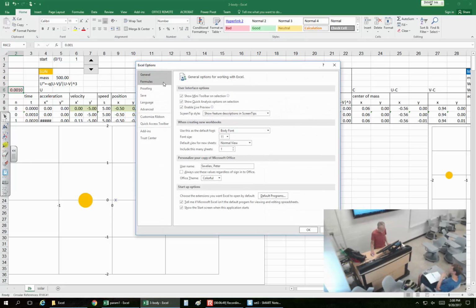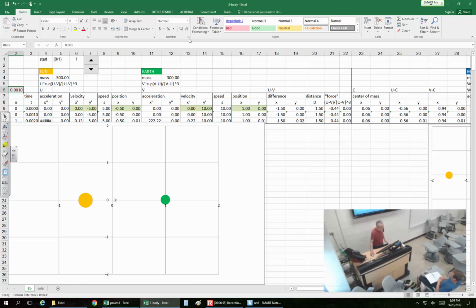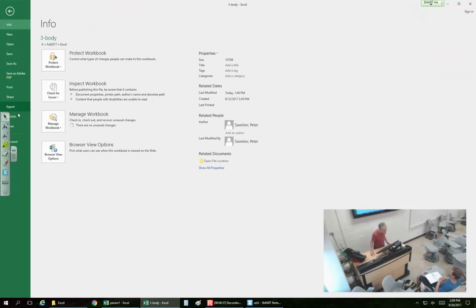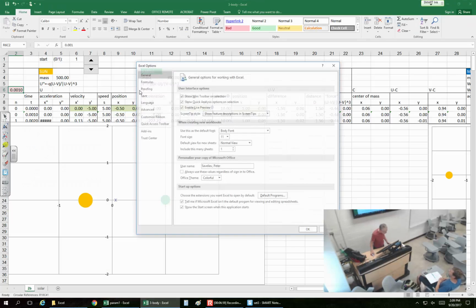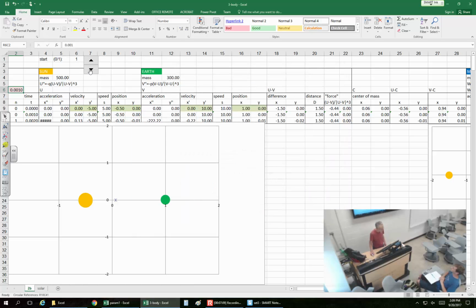Options. Okay, options. Formulas. Enable iterative computation. Okay, so now let's see.